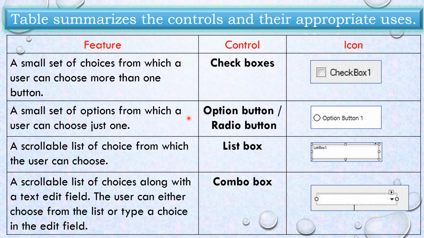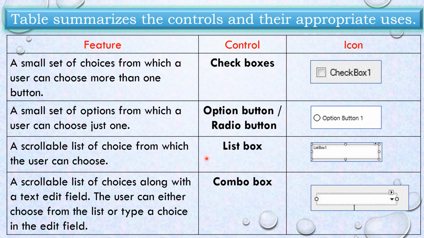The second one, a small set of options from which a user can choose just one. Option button or radio button is the control, and here is its icon. A scrollable list of choices from which the user can choose.